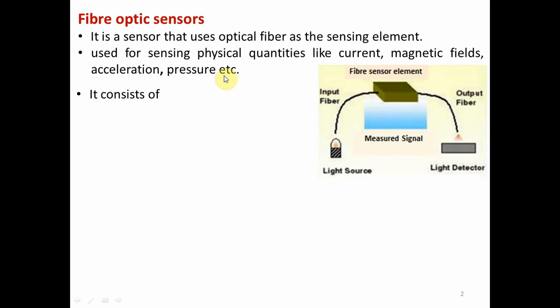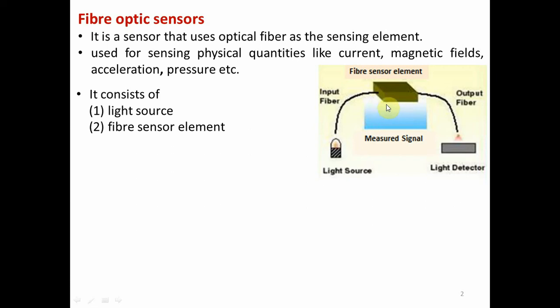It consists of three parts. First one, a light source. Second part, a fiber sensor element. This fiber sensor element consists of an optical fiber through which the light is allowed to pass, and the measured signal. The quantity to be measured is applied here.